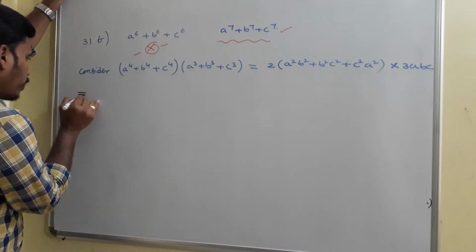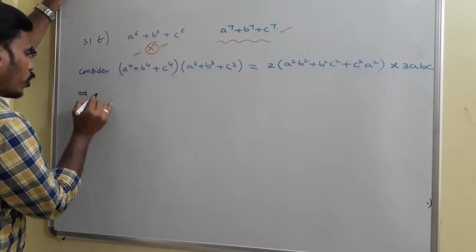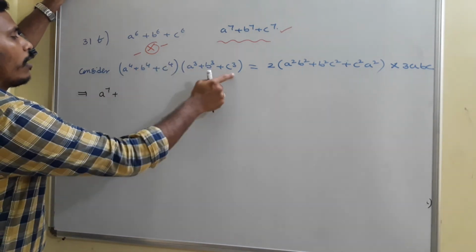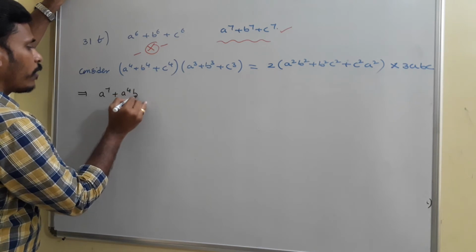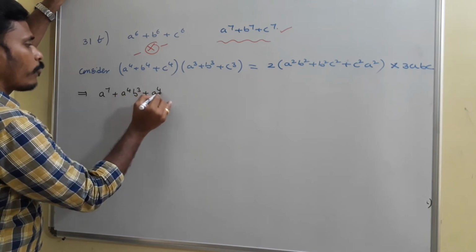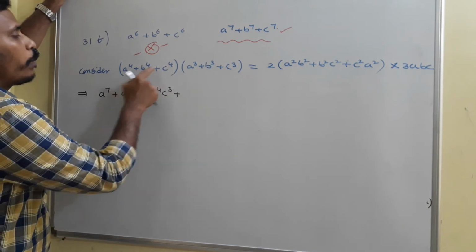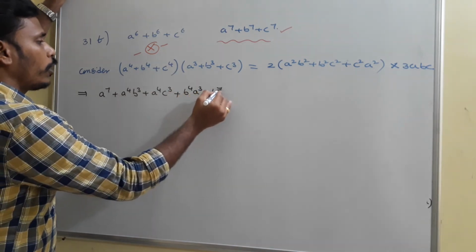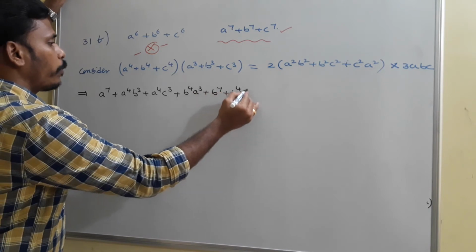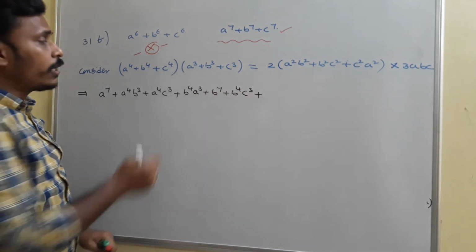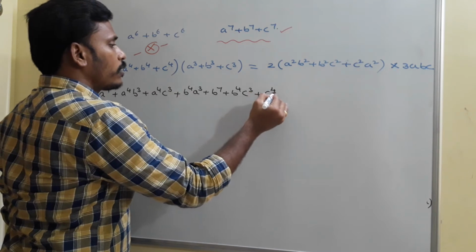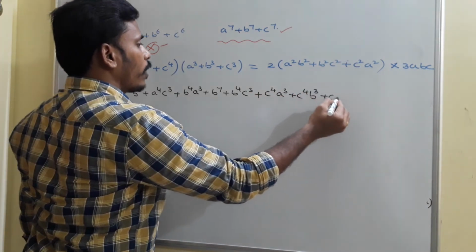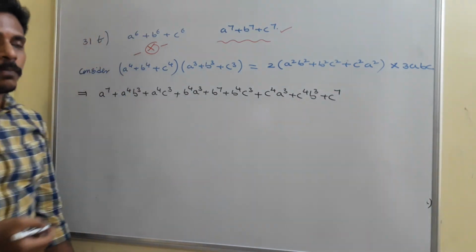So this implies a power 4 into a cube is a power 7, plus a power 4 b cube, plus a power 4 c cube, plus b power 4 into a cube, plus b power 4 into b cube, plus b power 4 into c cube, and then you multiply with c power 4: c power 4 a cube, c power 4 b cube and c power 4 c cube, which is c power 7.